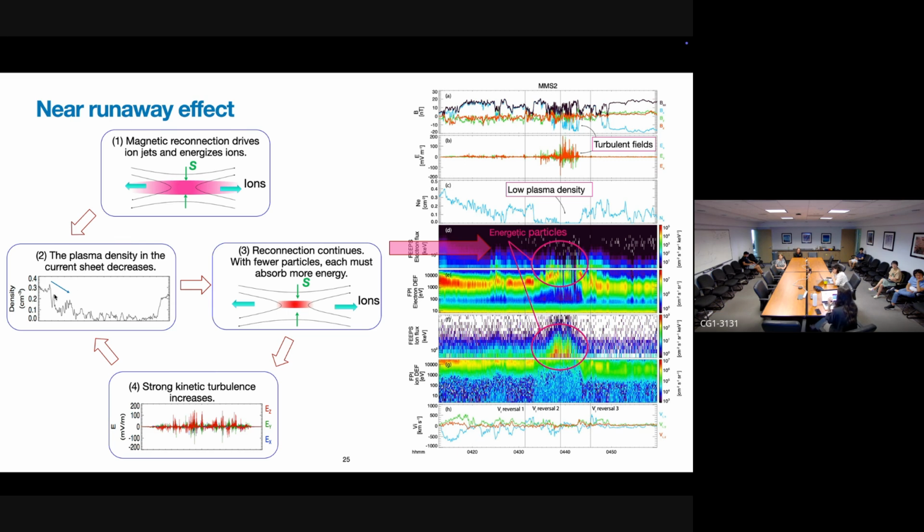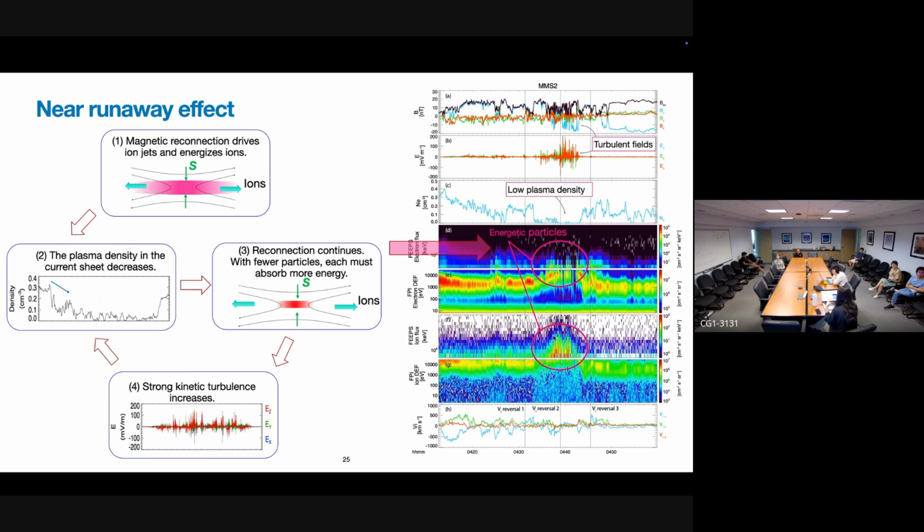So if the density keeps going down with a constant energy flow coming in, each particle will get energized more. At some point, if the energy cannot be absorbed in a linear way, you may have turbulence develop. There are previous studies showing that strong turbulence can further help decrease the particle density, and this gives you a positive feedback loop where you have fewer and fewer particles in this region, like we observed by MMS, and each particle is energized to higher energy.